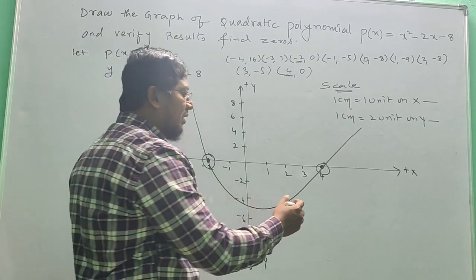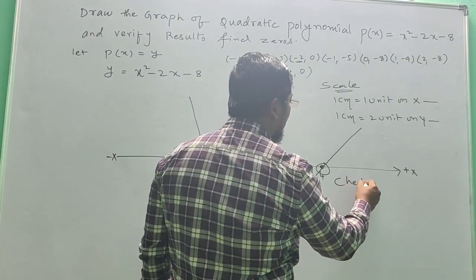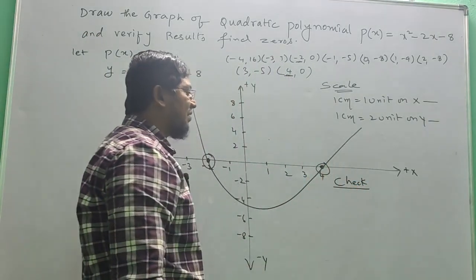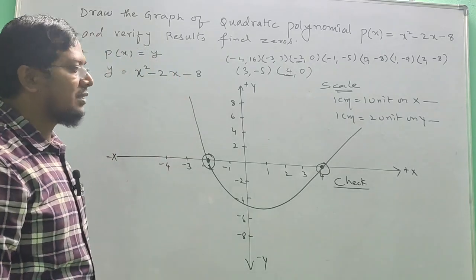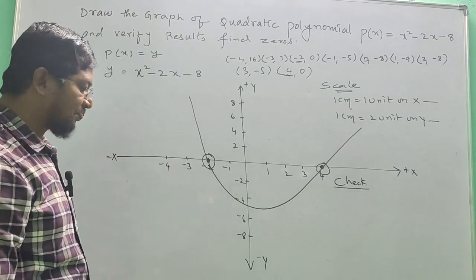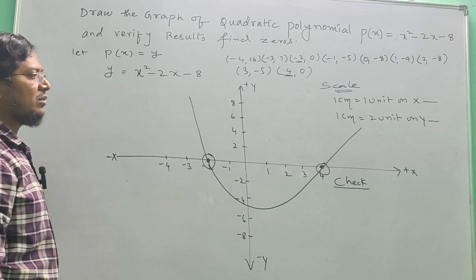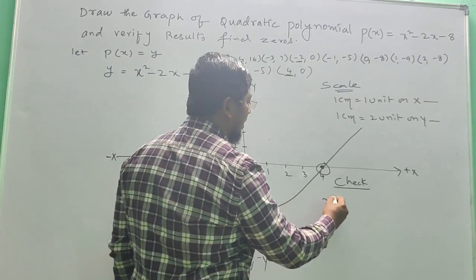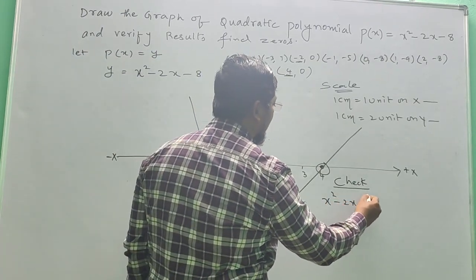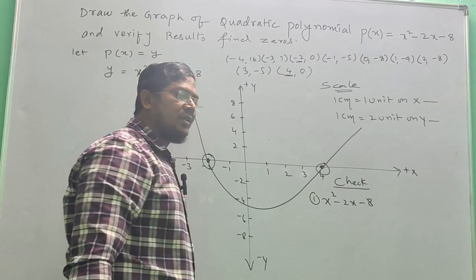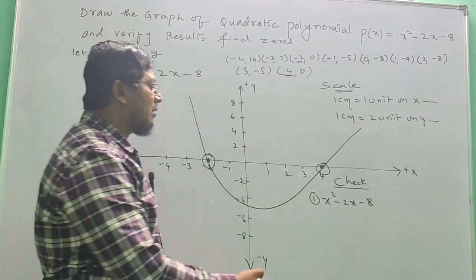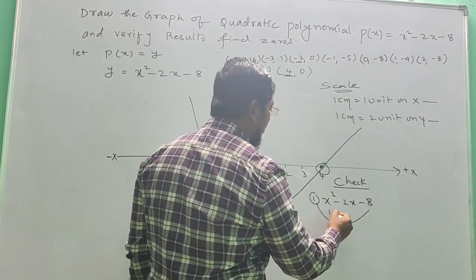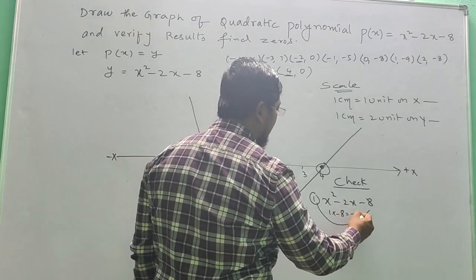Then we have to verify the result. Check the result. How to check the result? By the same method, the factorization method. We have the question x square minus 2x minus 8. What is the coefficient of x square? 1. 1 multiplied with the last term, 1 into minus 8, is equal to minus 8.